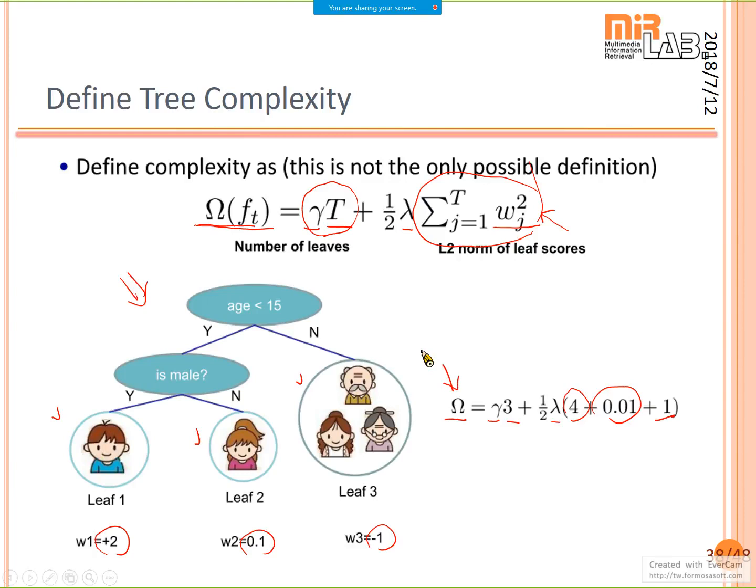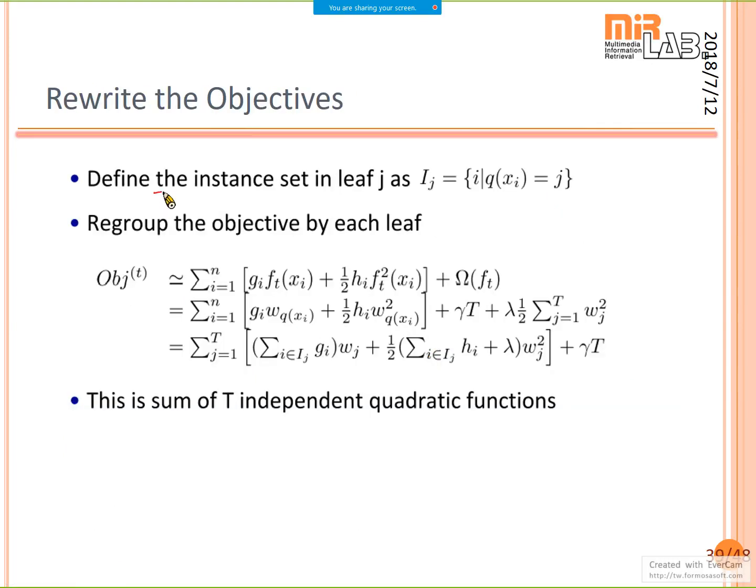Next we are going to introduce the instance set in a given leaf index j. By using this notation, the original objective function is the summation over all instances. Remember, we have x1, x2, until xn. We have so many instances here. So this is a summation over instances. Then when we distribute all the instances into the leaves of the tree, we can rewrite the objective function as a summation over the instances in the leaves.